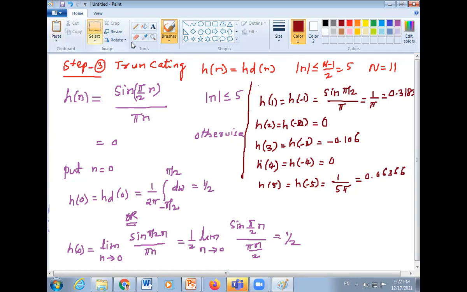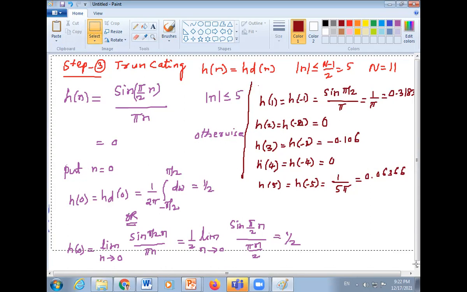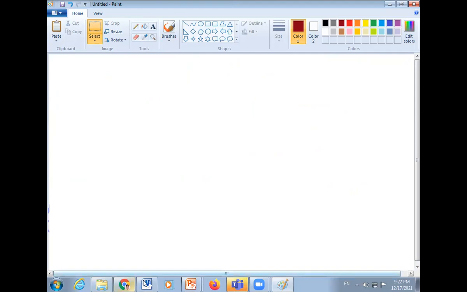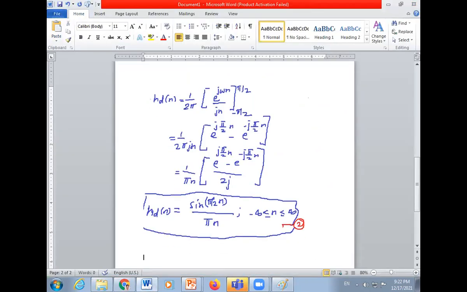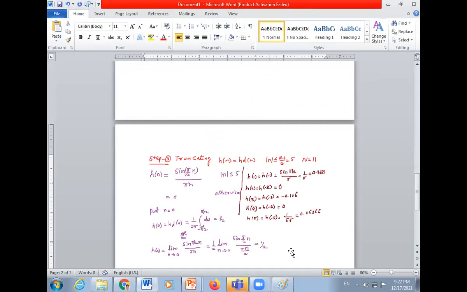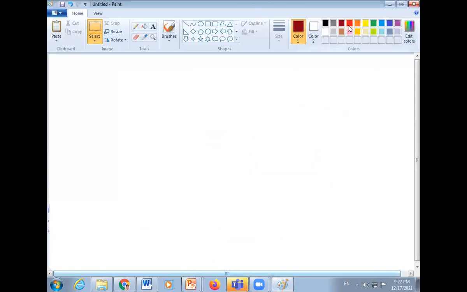Then next, step 4, we'll go for finding the transfer function.